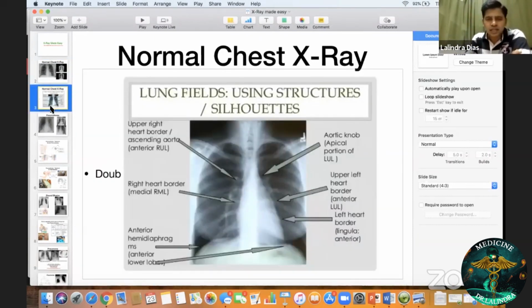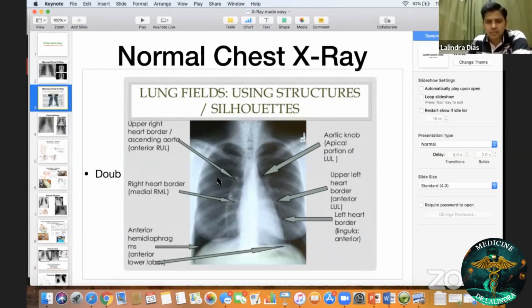Look at this one. You can see the lung fields, they are seen in black color predominantly, but you can see the white streaks going to the periphery. There are normal lung markings. Then this is the mediastinum, and the cardiac shadow is less than half of the thoracic shadow. And you can see the trachea is coming in the center. It is divided into two main bronchi, which is normal. These are pulmonary arteries, which is normal.